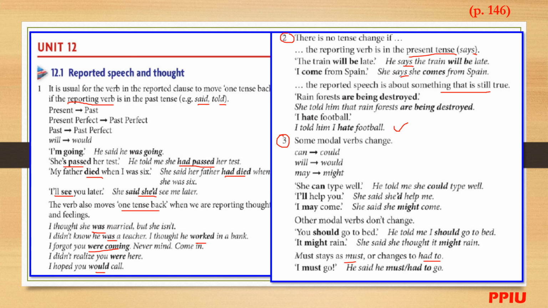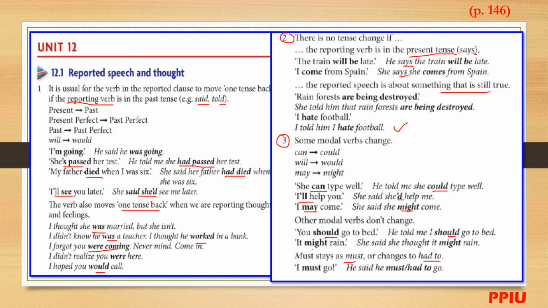For example, she can tie well, he told me that she could tie well. Okay, may to might. Okay, other modal verbs don't change. For example, you should go to bed. Should is still should, right?